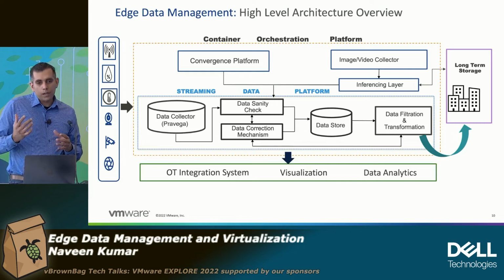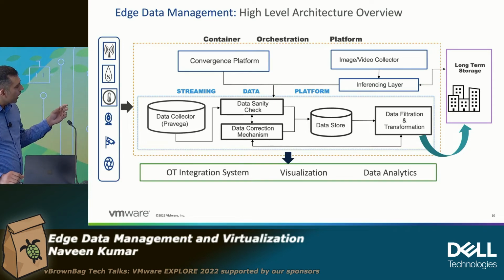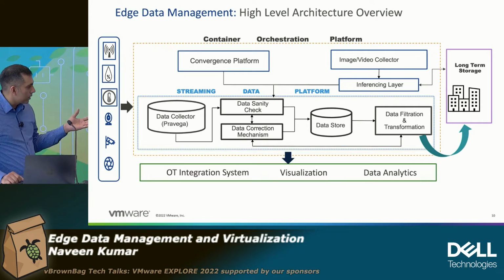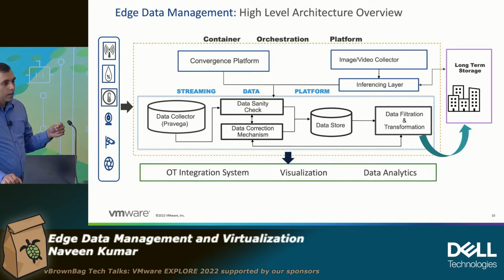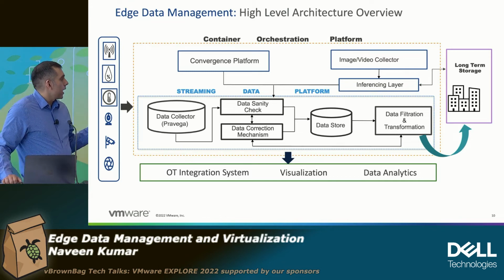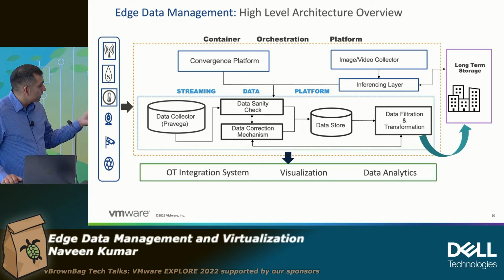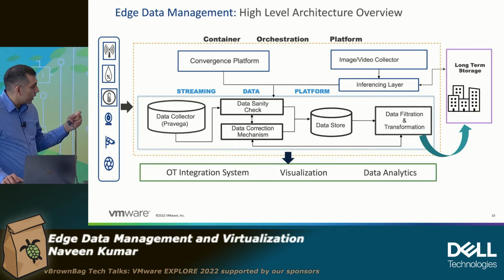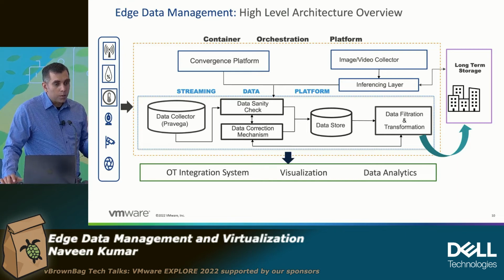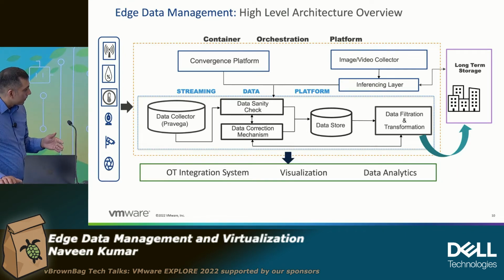How do systems make sense of the data? You need a layer within your edge data management that can make sense of data that's partially complete. Special emphasis has to be put on the sanity check and data correction mechanism during deployment and development.